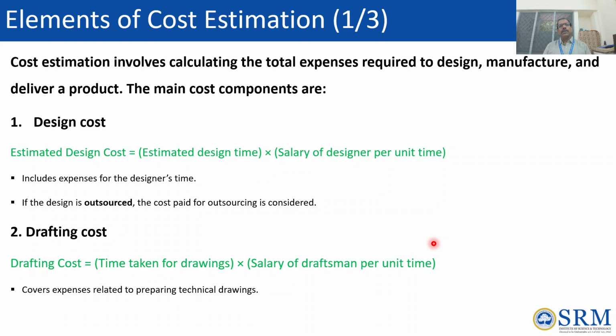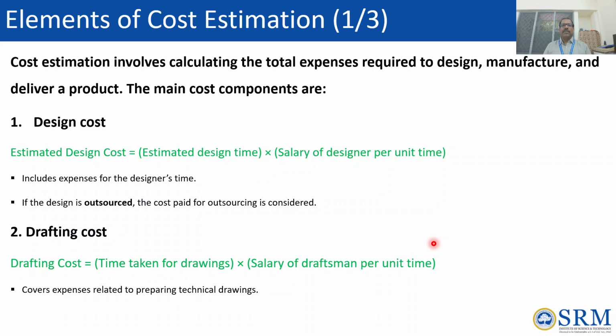Design cost means what? How is it calculated? Estimated design cost would be the estimated design time, how much time is required to design that particular component or product or assembly, multiplied by the salary of the designer per unit time.